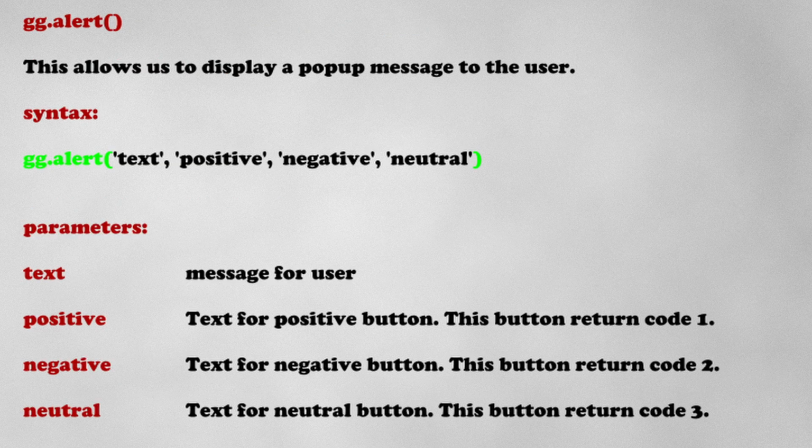In standard Lua, we don't have a built-in function to create an alert dialog. However, in Game Guardian, we have gg.alert, which allows us to display a pop-up message to the user. Here you can see the syntax. Let's see an example.